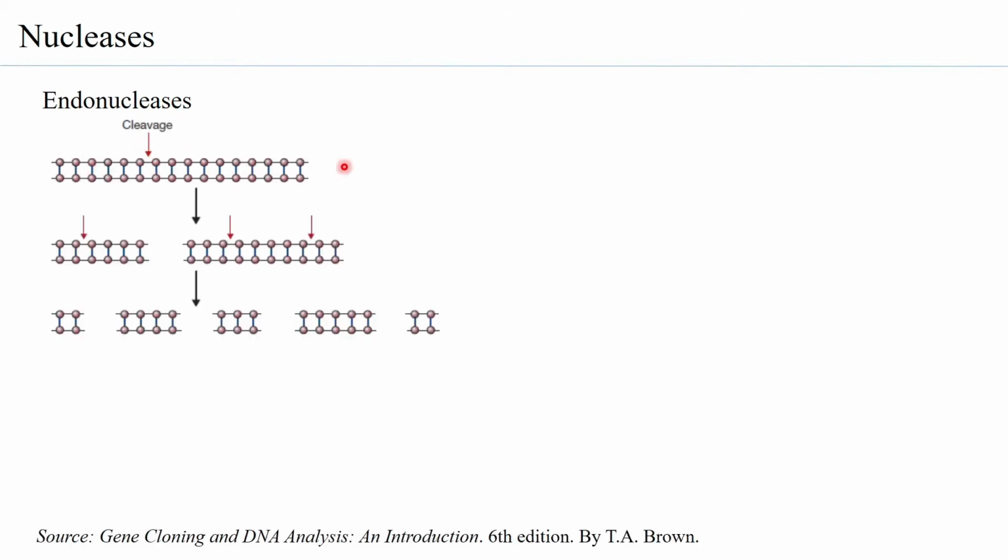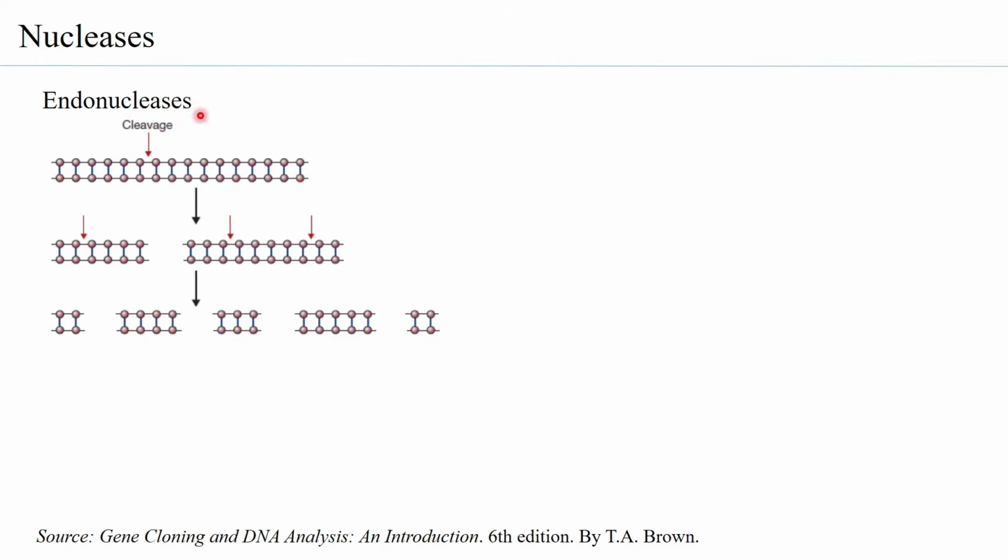So if this is the polynucleotide, then if this is the double-stranded DNA, then the endonuclease can cut anywhere within. So if it cuts here, you will get two fragments. Then the endonucleases can cut these fragments further, so these can become again smaller. So what you observe over here is that a long DNA can be cut into smaller fragments by the endonucleases.